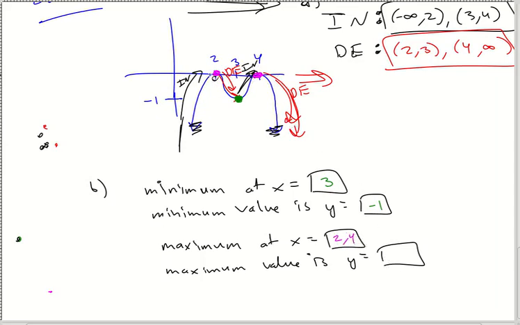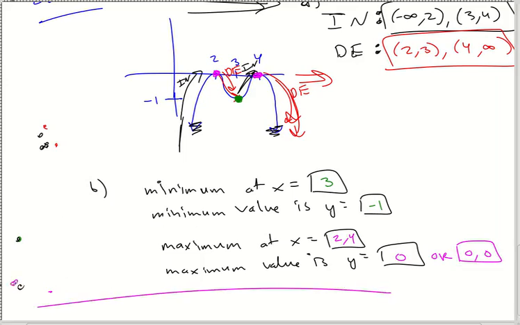What's the y value for both of them? It's 0. Now apparently you could also put 0 comma 0 and it would still work. That's what I have on my notes here. But it's silly. Just put a 0. Again, what's the y value there? 0. Okay. Got through that.